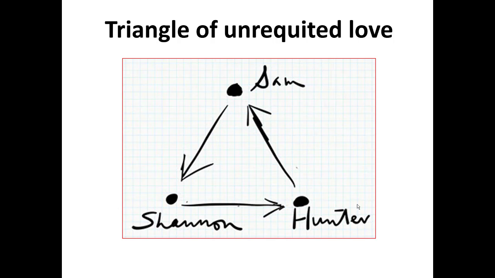In more complicated or more busy diagrams with more nodes, you might want to do that, but for our purposes, this works. So we see that Sam likes Shannon. Shannon likes Hunter, and Hunter likes Sam.